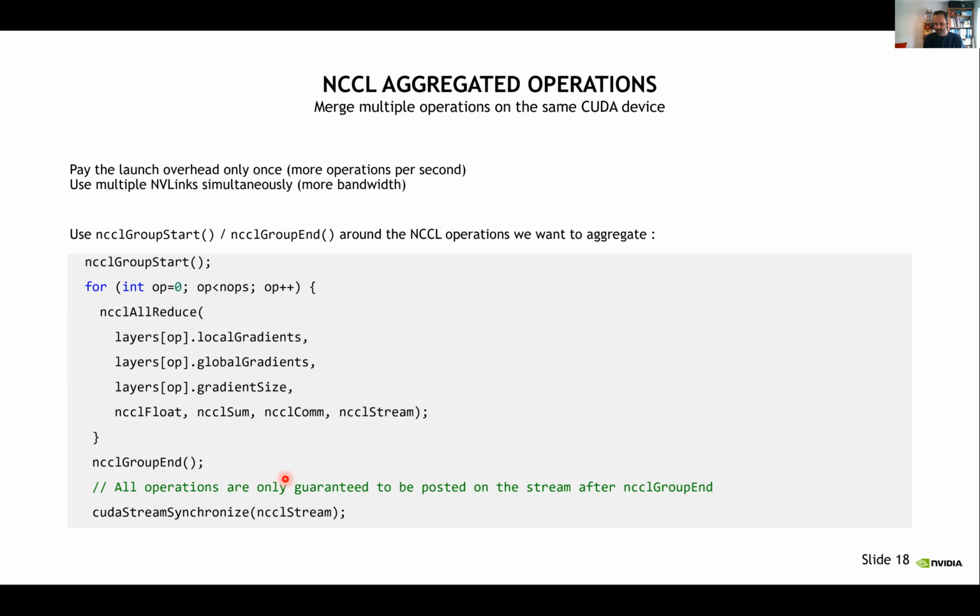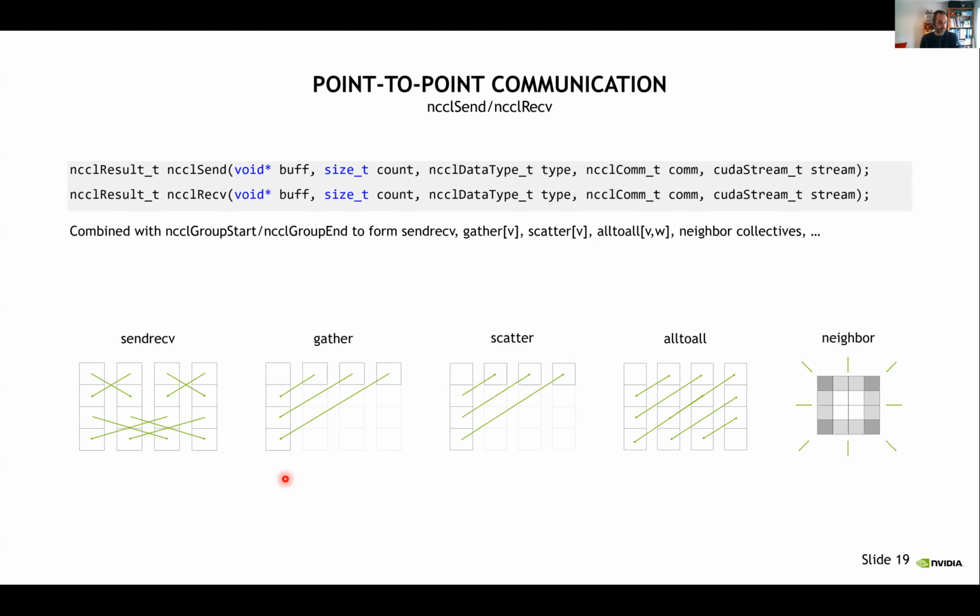For example, as with the nearest neighbor exchange, where you have left and right neighbors and top and bottom neighbors. As said, point-to-point communication is a relatively recent addition, which is best combined with ncclGroupStart and ncclGroupEnd, and it can be used to express arbitrary communication patterns, whatever your application needs.